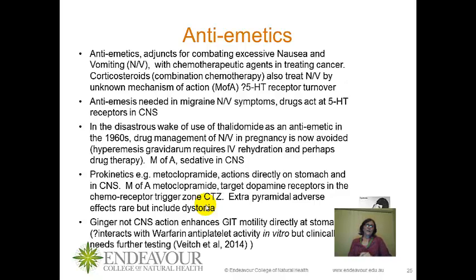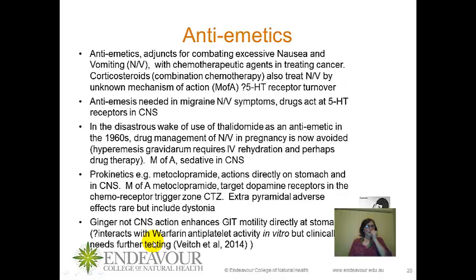You'll then understand when you see that metoclopramide has extrapyramidal adverse effects because it affects dopamine receptors. There are some very rare extrapyramidal effects similar to those seen with antipsychotics, and this dystonia of muscle is irreversible and so needs to be avoided.